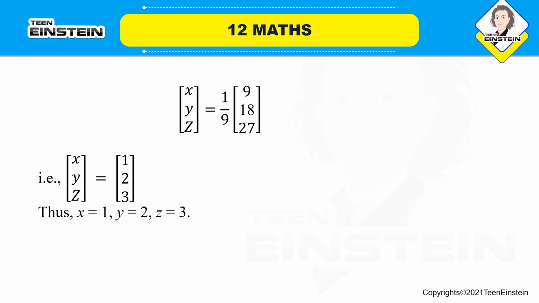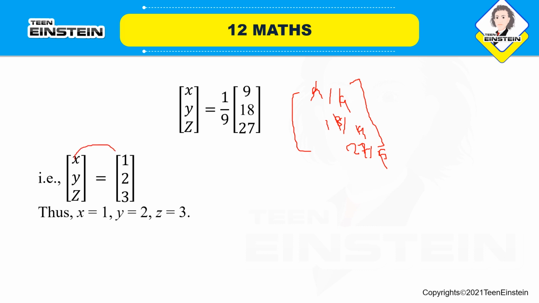Now bring this 1 by 9 inside. So you will be getting 9 by 9, 18 by 9, 27 by 9. On simplification, 9 by 9 gives you 1, then 18 by 9 gives you 2, then 27 by 9 gives you 3.